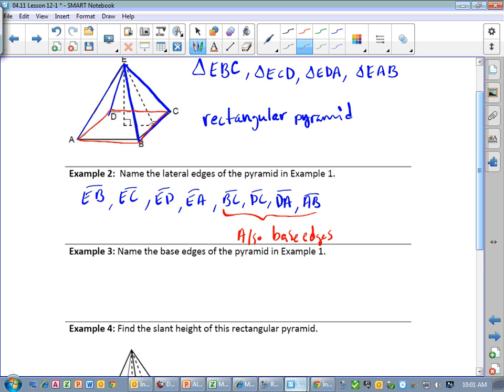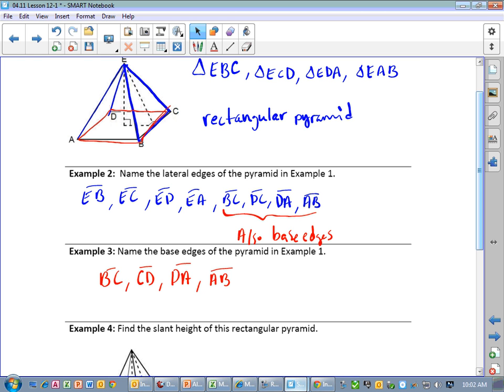So what are the base edge names? Well, BC, CD, DA, and AB. Those are the base edge names. By the way, what would be the name of the base?